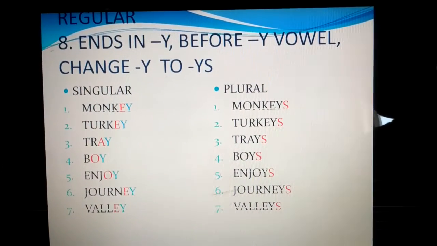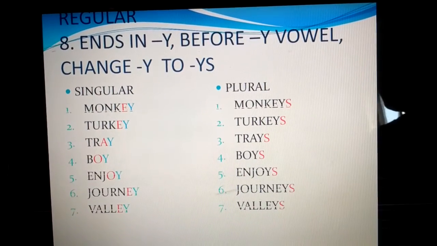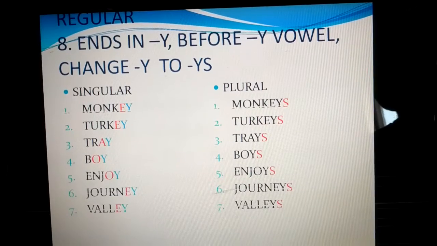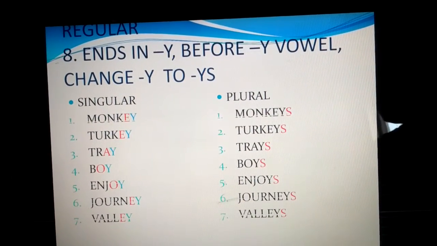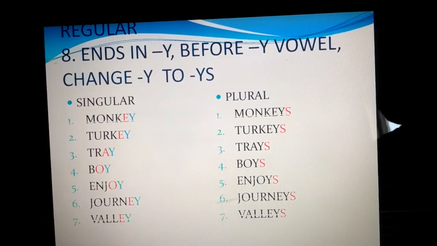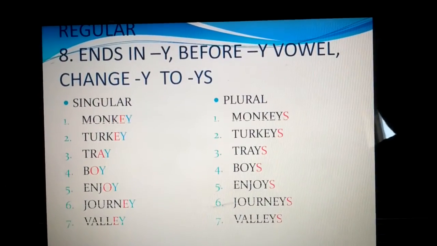In that case, this is an exception. In that case we don't remove y, only at the end of the word we add s. Monkey, monkeys, turkey, turkeys, tray, trays, boy, boys, enjoy, enjoys, journey, journeys, valley, valleys.